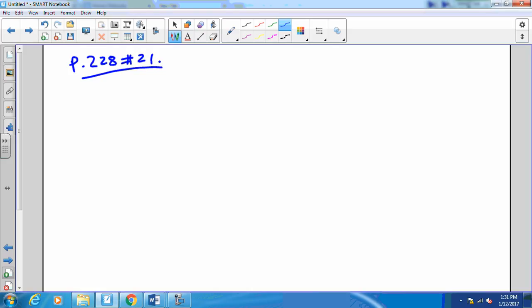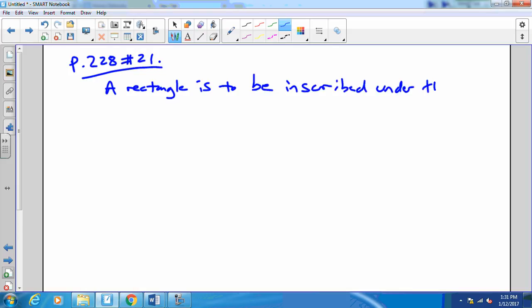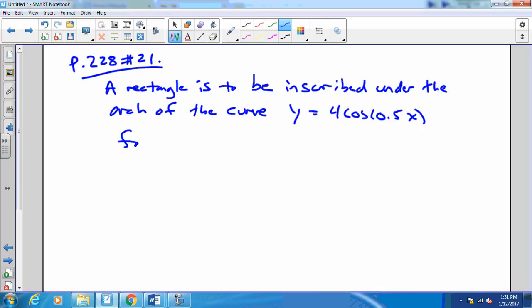A rectangle is to be inscribed under the arch of the curve y equals 4 cosine 0.5x from x equals negative pi to x equals positive pi.